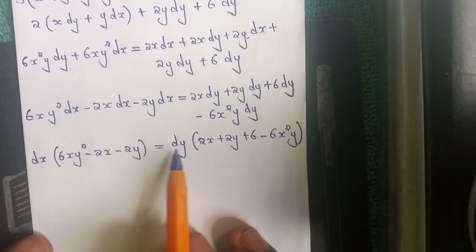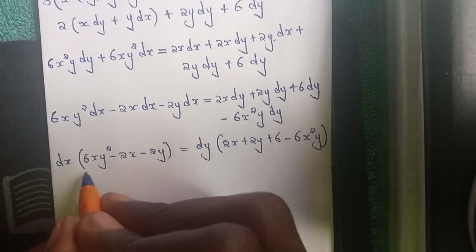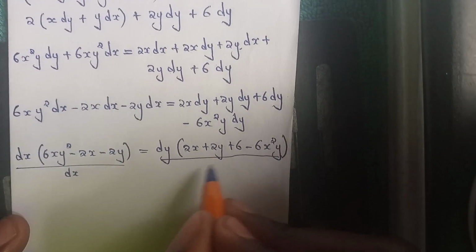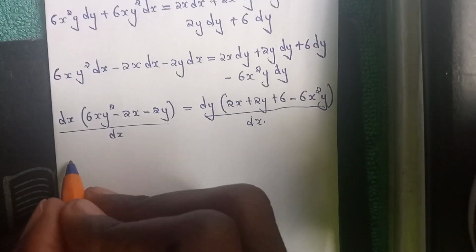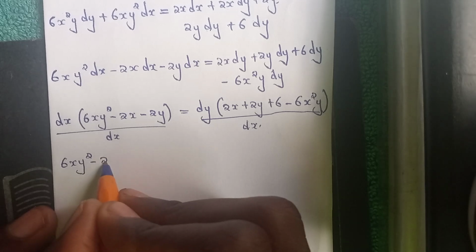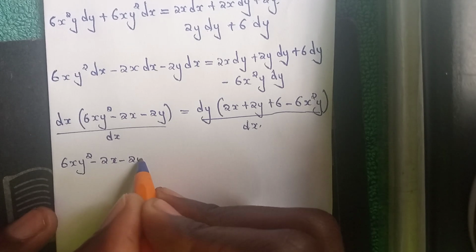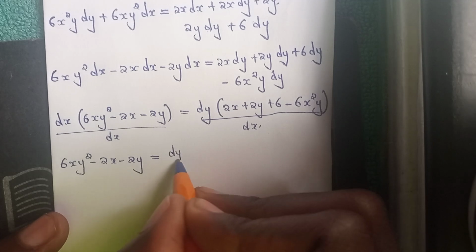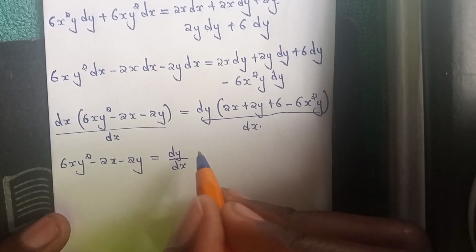So I'm looking now for dy over dx. So I'll divide it throughout by dx. So it's going to be now 6x y squared minus 2x minus 2y will be equal to dy over dx.